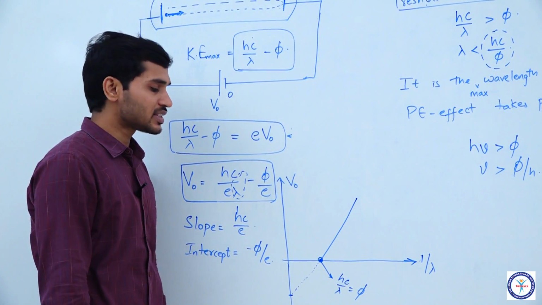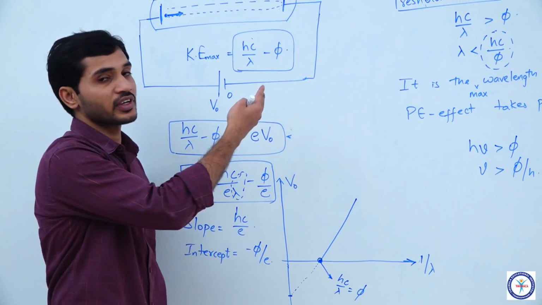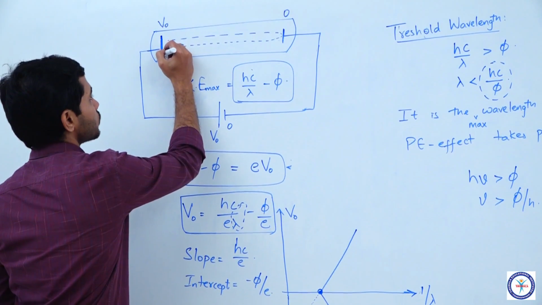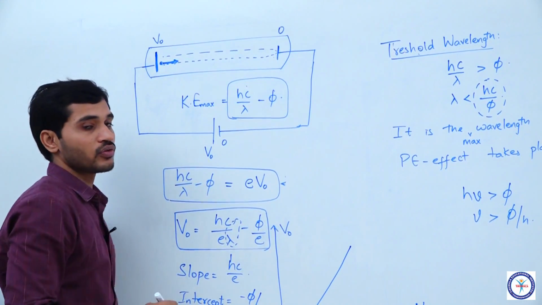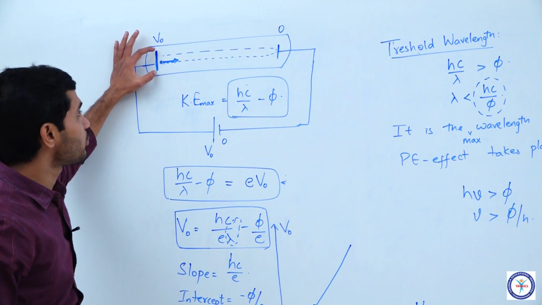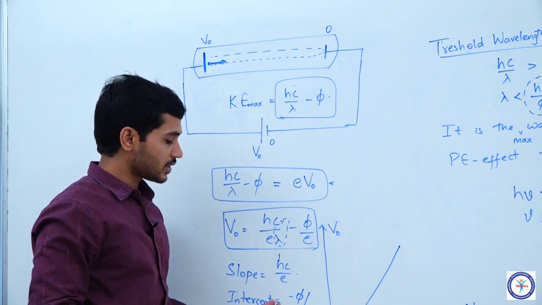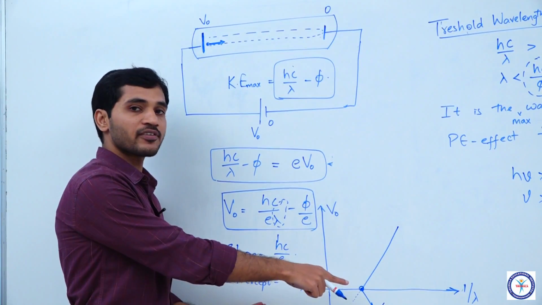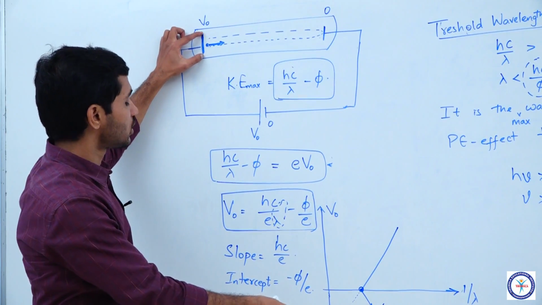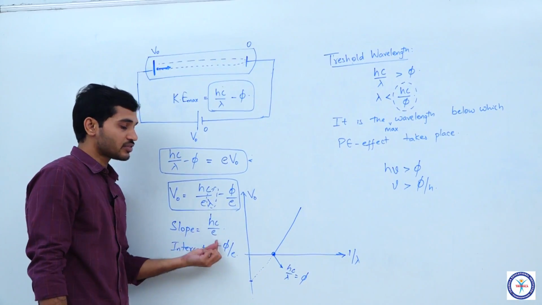Which basically means that if you perform the same experiment of the photoelectric effect using a different material over here, even in that case the slope of the graph which we have got here will not change. Changing the material changes the value of phi and it does not change the value of slope.